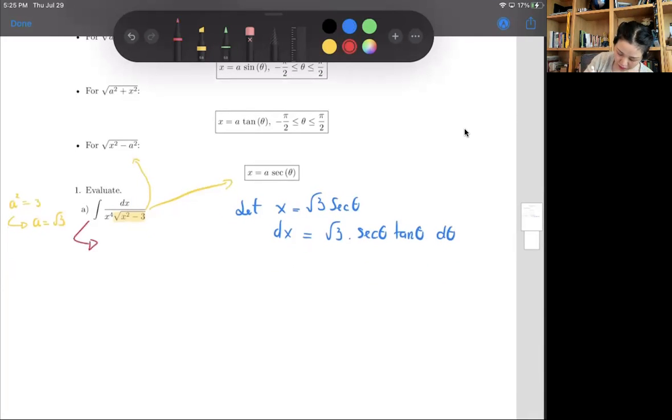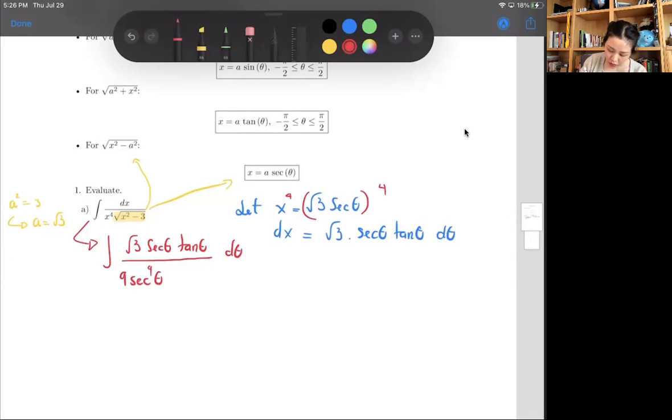So this becomes the integral. We know that dx is the square root of 3 secant theta tangent theta d theta over x to the 4. For x to the 4, all you have to do is take root 3 to the power of 4, which is 9, and then we have secant to the 4 theta.